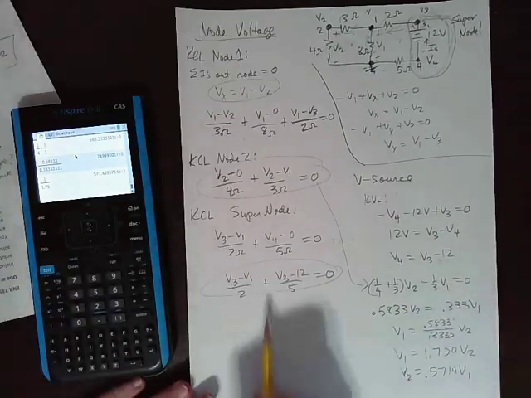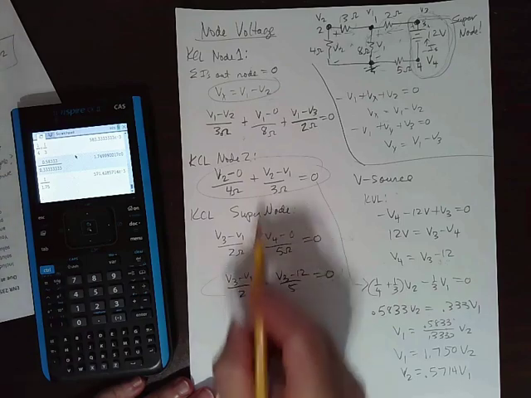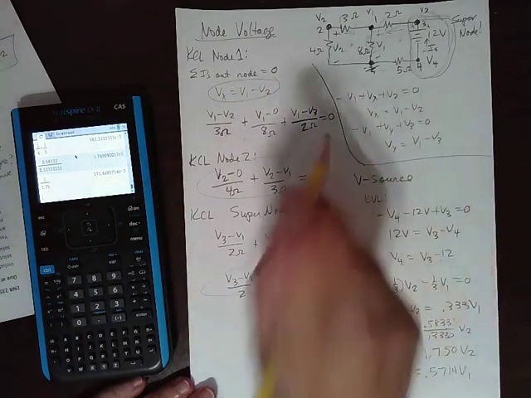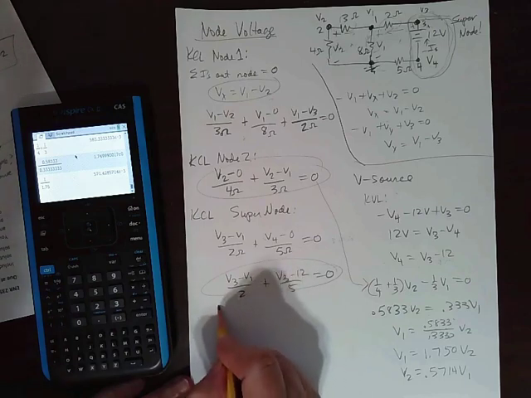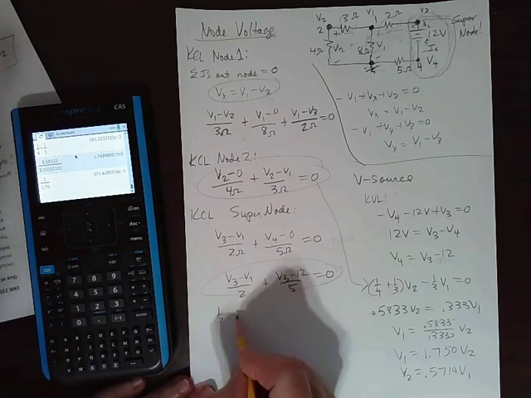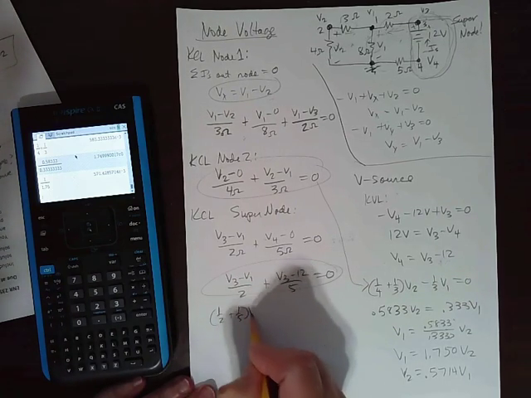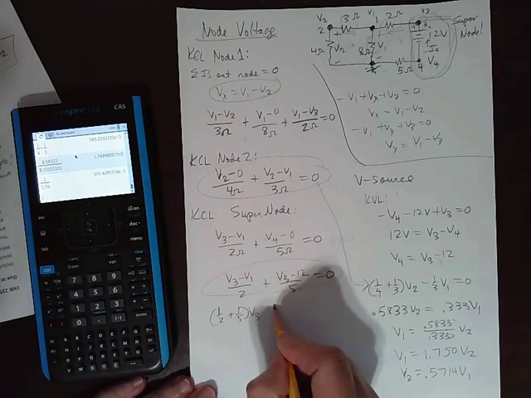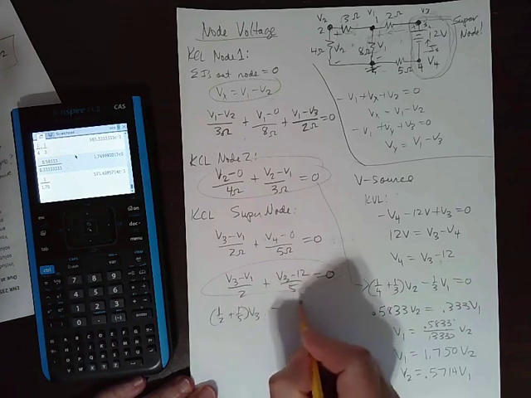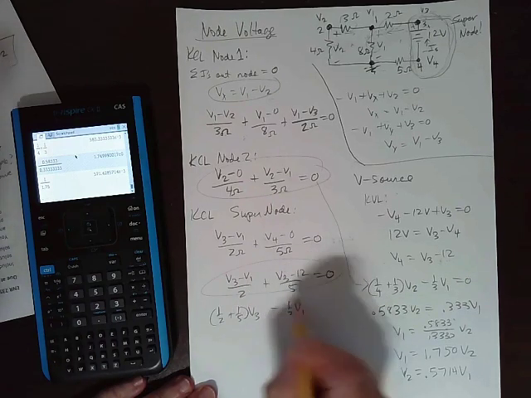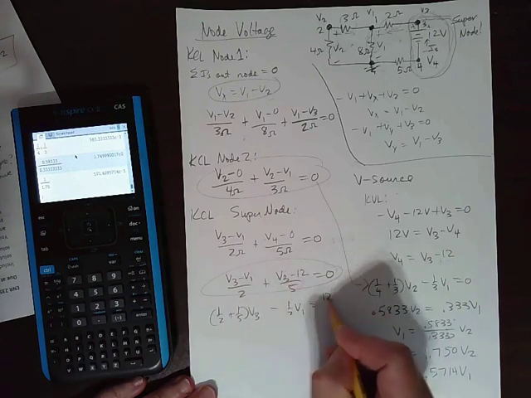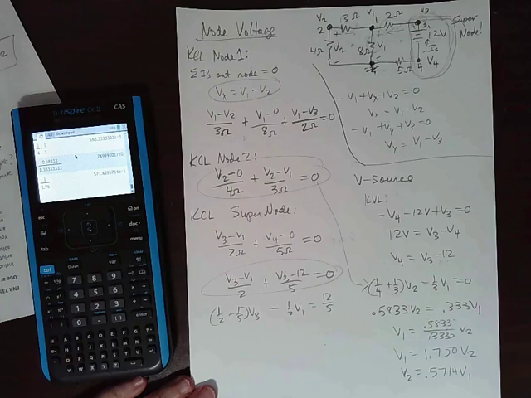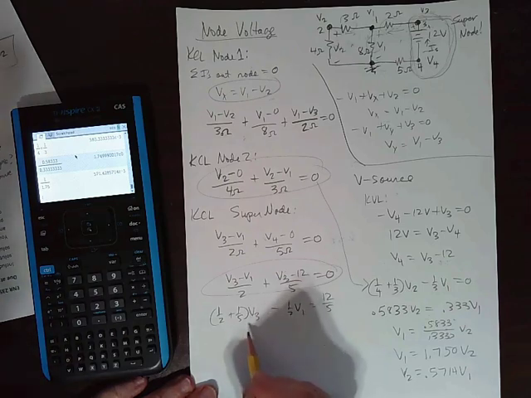Alright, so let's solve this one for V3 in terms of V1. Then we can put it in this equation and only have V1s and get a number. So here we're going to have 1/2 plus 1/5 times V3 minus 1/2 of V1 equals, let's bring this over to the other side, 12 over 5. It's not as nice, but we can do it.